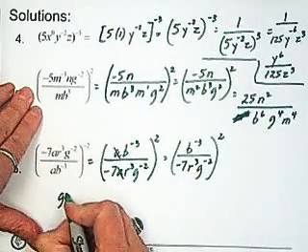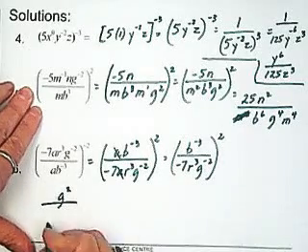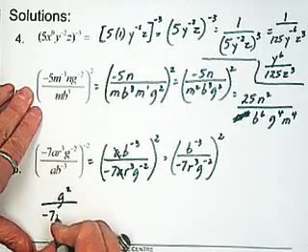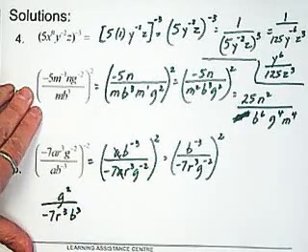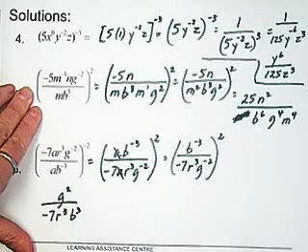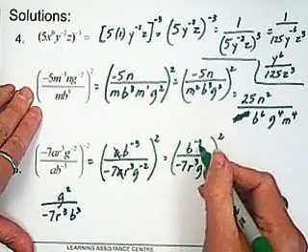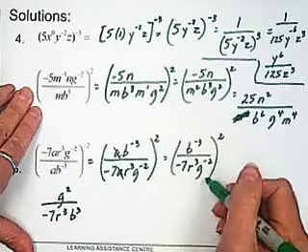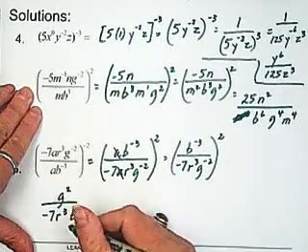We have g to the 2 in the numerator. We have minus 7 r cubed b cubed now in the denominator. So I moved g to the minus 2 up, so it became a positive 2 exponent, and I moved b to the minus 3 down, so we ended up with a positive 3 exponent.